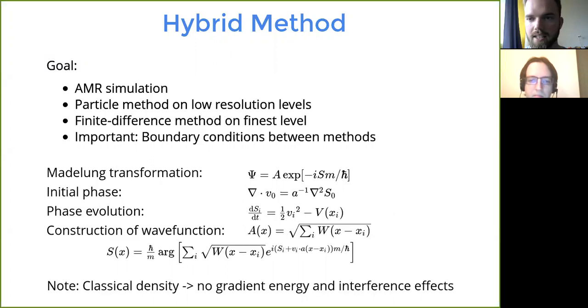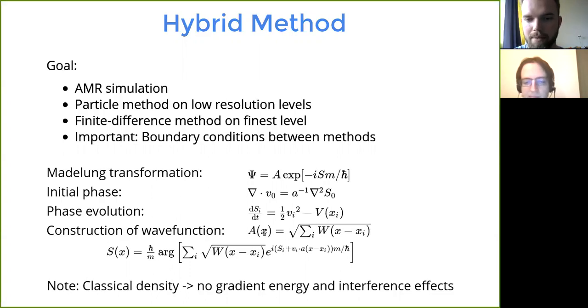And then at each point where we want to reconstruct the wave function, we do that by reconstructing the phase by this equation here. We basically average over all particle phases around a certain grid point.